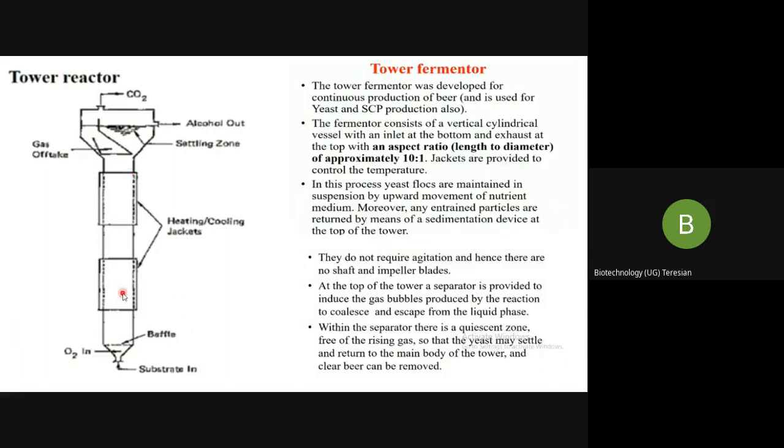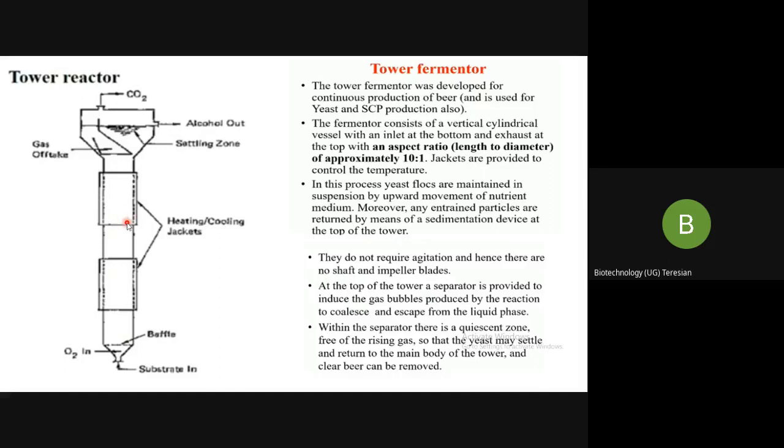All the nutrient media will move up because of the high hydrostatic pressure built by your oxygen molecules. Moreover, any entrained particles are returned by means of a sedimentation device at the top of the tower. So any other particles can just come down or get sedimented at the top device.